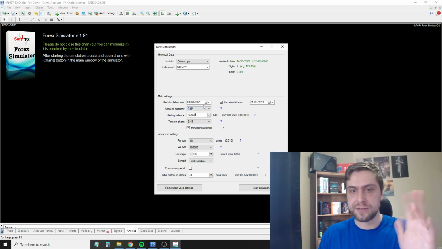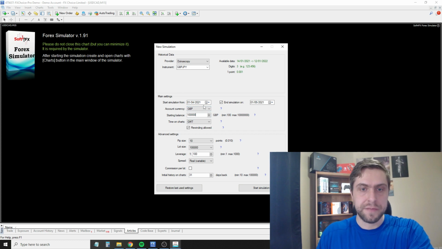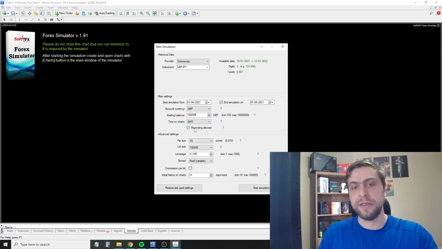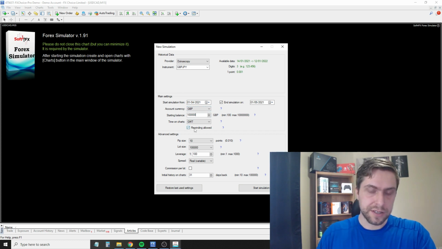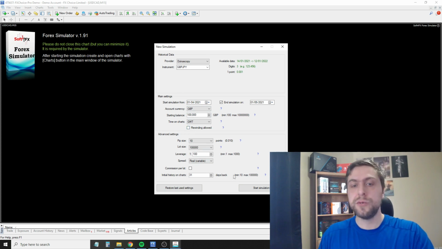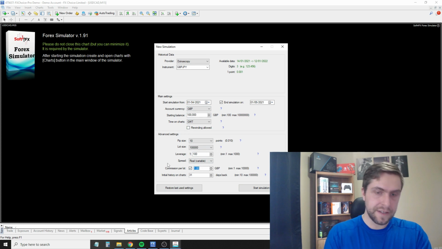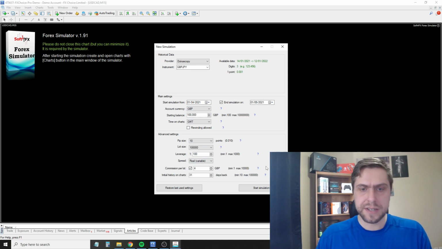So it'd be like 600 or 700 in GBP, but if you do the exchange, then it goes up to about 1,000. I'm going to remove the rewinding option because that is just inviting cheating, and I'm going to set a commission per lot of about 4. I think that's actually a little high, but whatever.